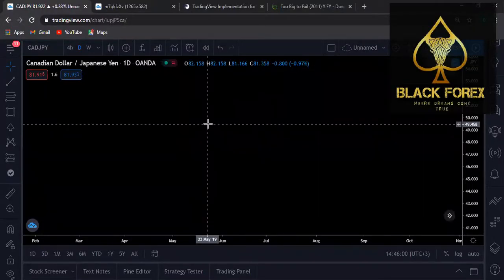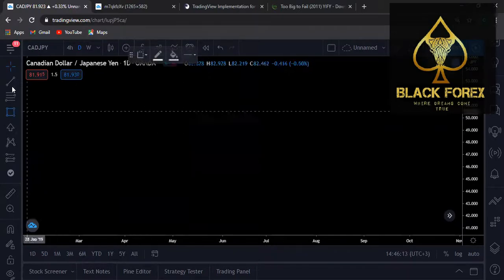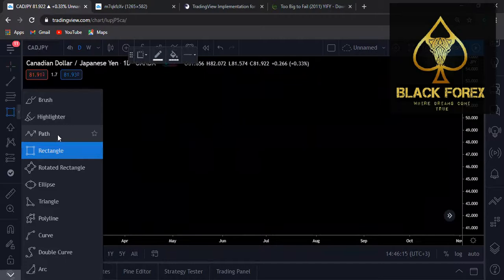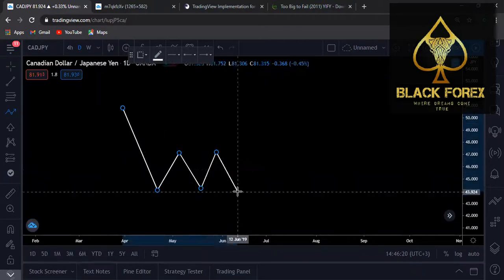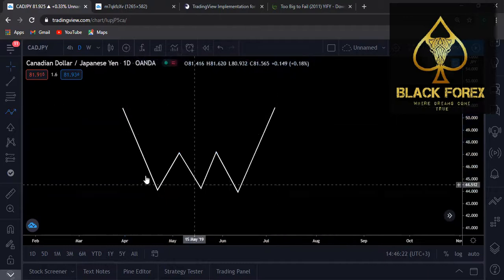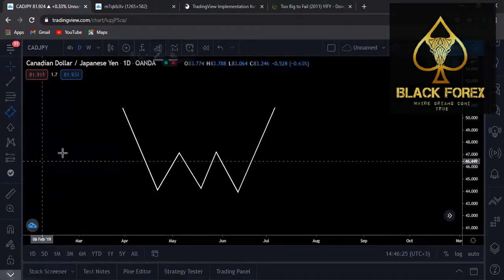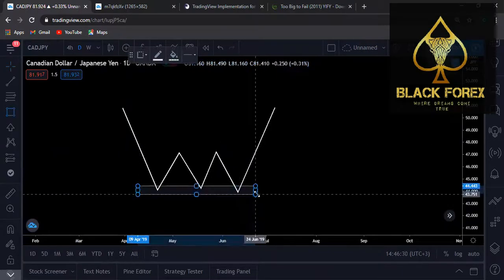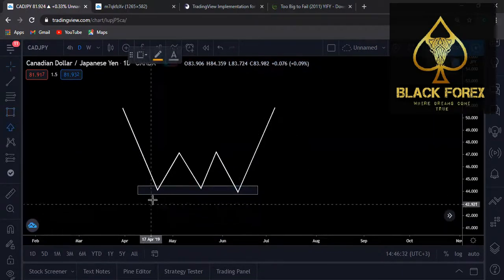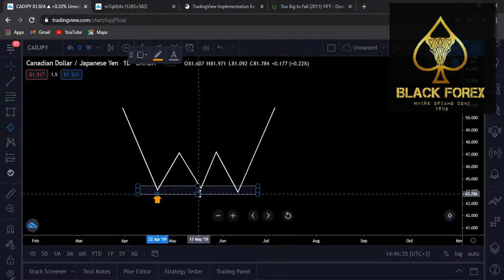Welcome to the channel. So today's pattern that we're going to look at is a triple bottom pattern. Now, this pattern's psychology is that it has three bottoms, meaning that it touches a significant market structure three times before actually bouncing off and continuing with the move.